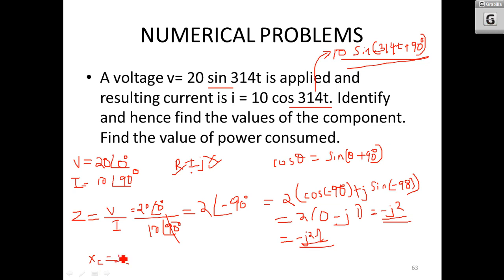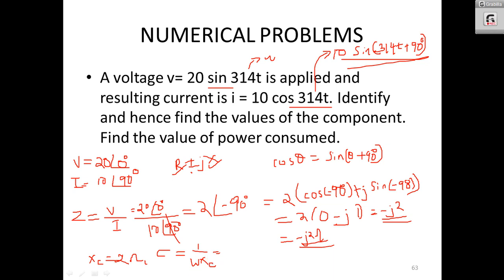Now, what is capacitance? Capacitance is 1 by omega into Xc. Omega, as given in the question, is 314. So capacitance is 1 divided by 314 into 2, and the answer is 1.59 millifarad.